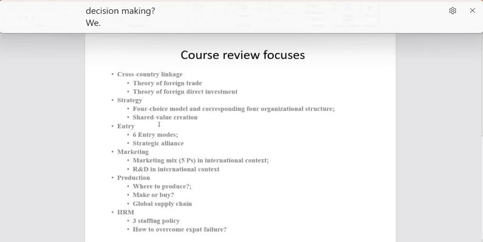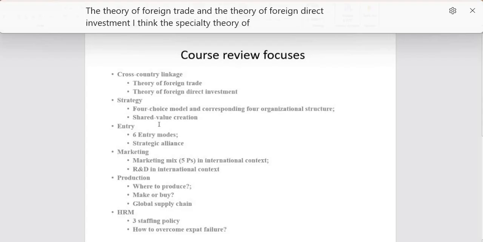We start with the theory of foreign trade and the theory of foreign direct investment. I think that especially the theory of foreign direct investment is most relevant.